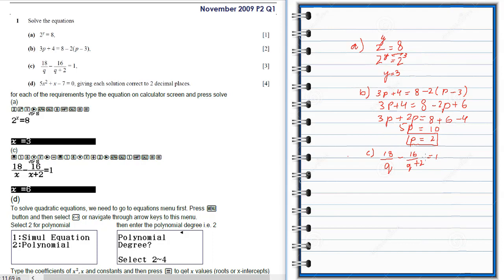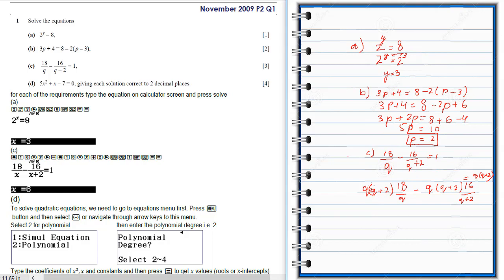If I multiply both sides by q and by q plus 2, this will be q times q plus 2 times 18 over q, minus q times q plus 2 times 16 over q plus 2, and that will be equal to q times q plus 2, because if I multiply 1 by any value, it stays the same.